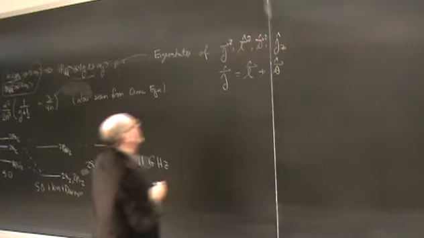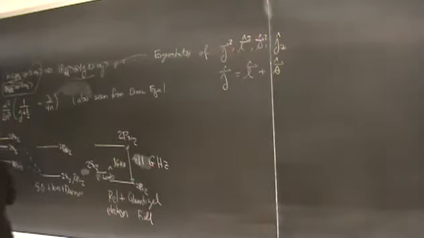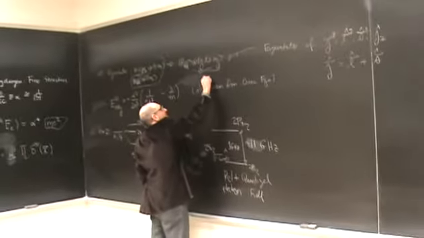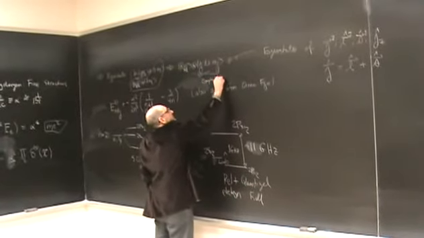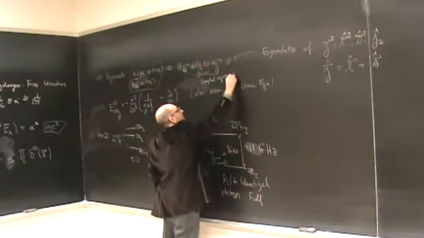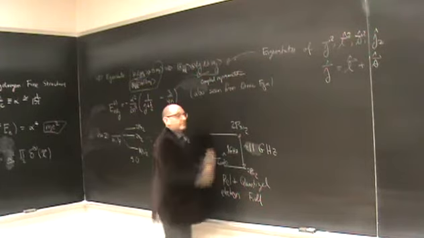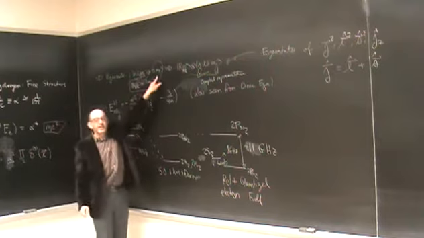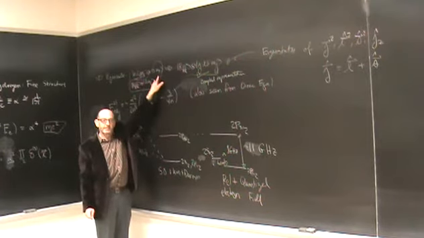Okay? So L dot S is diagonalized in the coupled representation. It is not diagonalized in the uncoupled representation, okay?